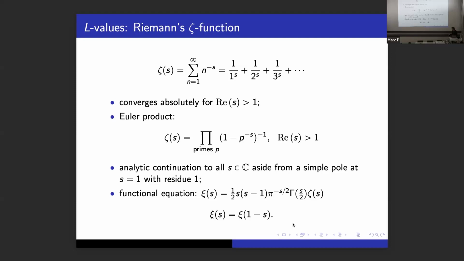And the celebrated Riemann hypothesis would be that the only zeros of this xi function lie on the line with real part equal to a half. But I'm not going to be interested in any of those zeros today. I'm going to be interested in some trivial zeros of the Riemann zeta function that are influenced by this gamma factor. So you should remember this.